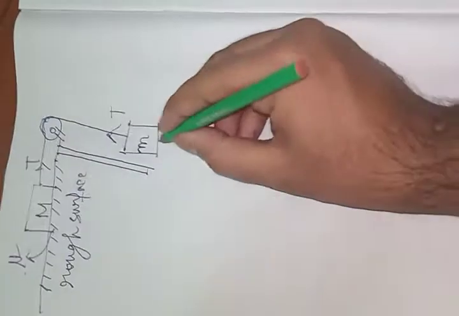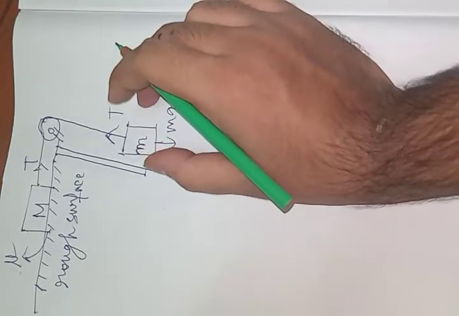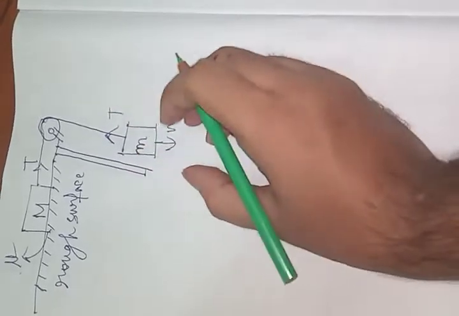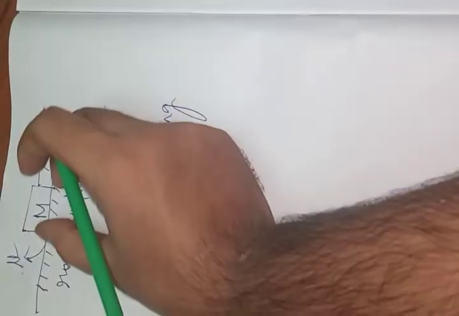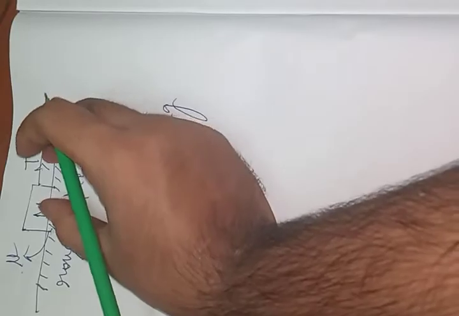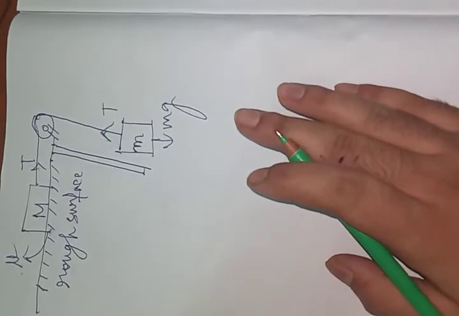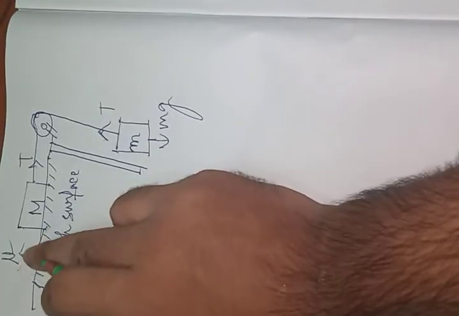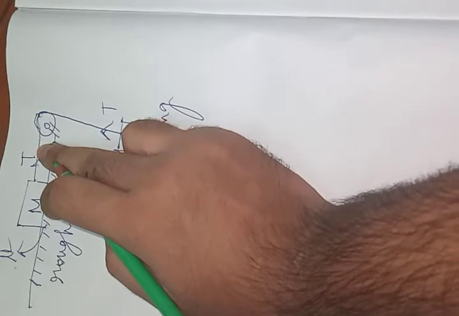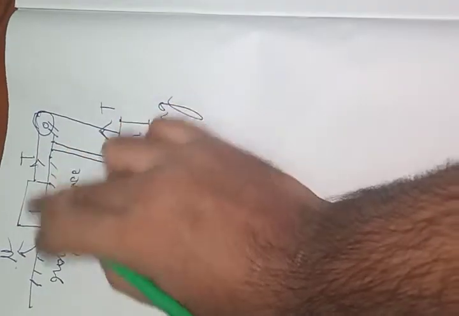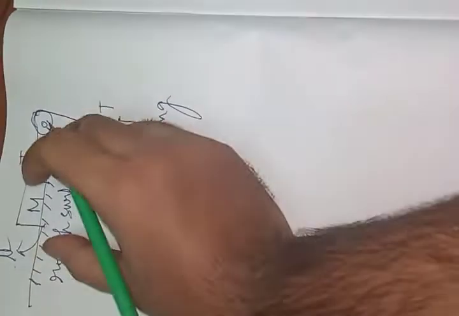Downwards is mg, and because this mg is hanging, in common sense you can say that this block will slide down and gain an acceleration. But guys, let me check: if this friction force is greater than the tension force, then this block will not move and there is no acceleration of this block.